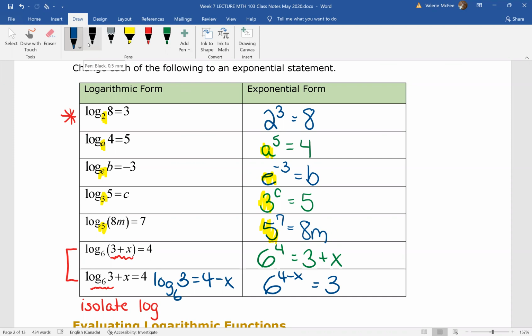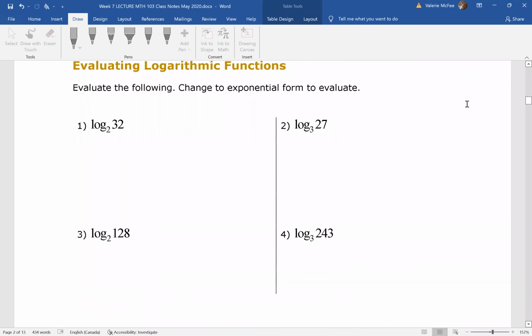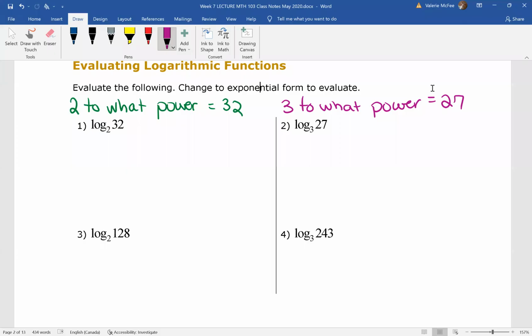Let's also take a quick look at solving a few exponential equations in this lecture. Now, remember what the question is that we're being asked here. When we're asked to evaluate log base 2 of 32, the question is 2 to what power equals 32?